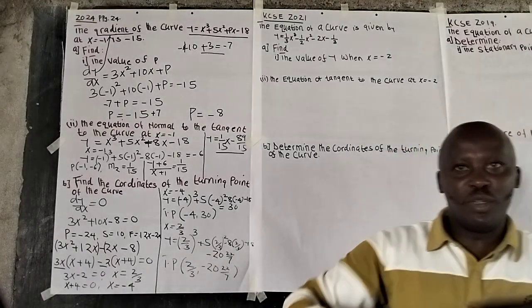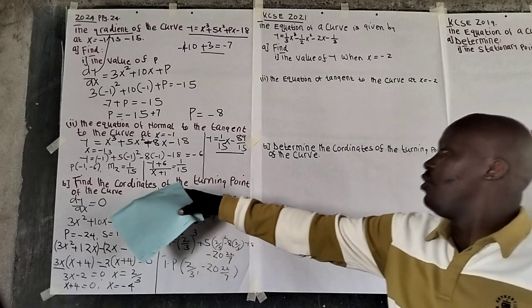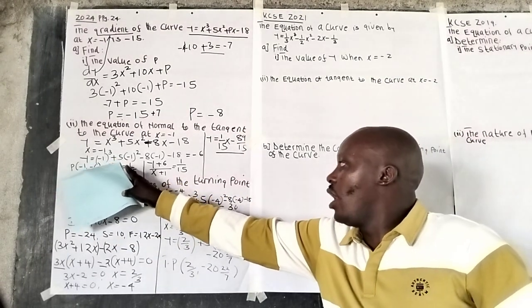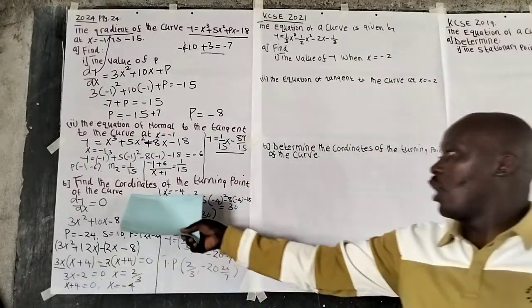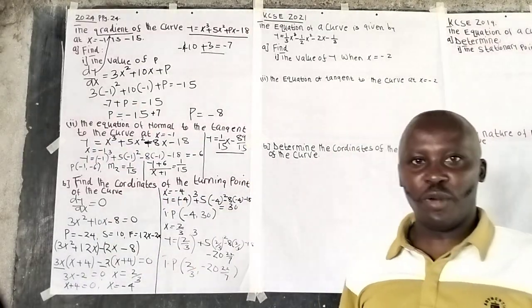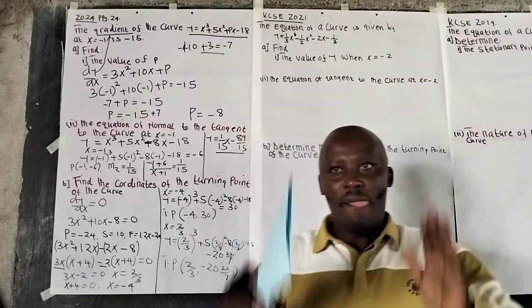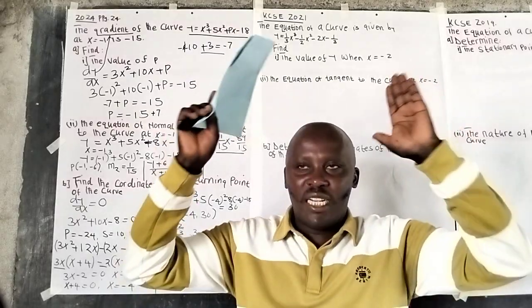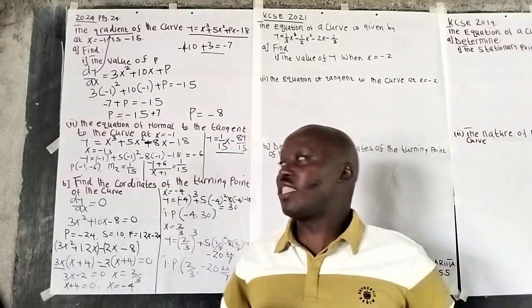So you find the negative reciprocal of that gradient: gradient 1 is 15, gradient 2 is negative 1 over 15. And of course, getting the coordinates of the turning point, one thing you need to understand, at the turning point, the derivative, that is dy/dx, is equivalent to 0.